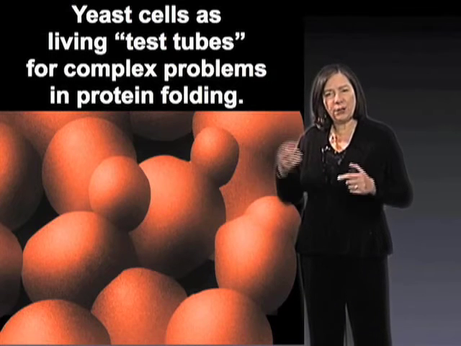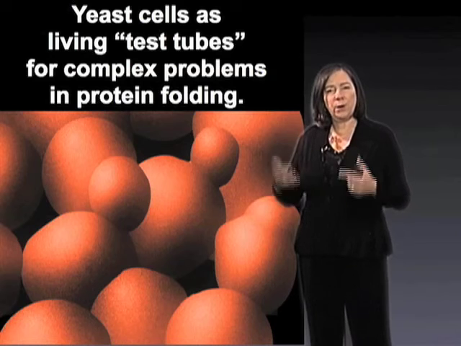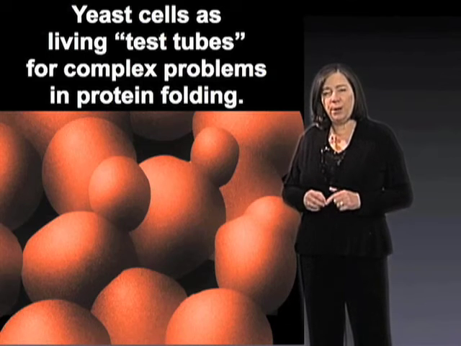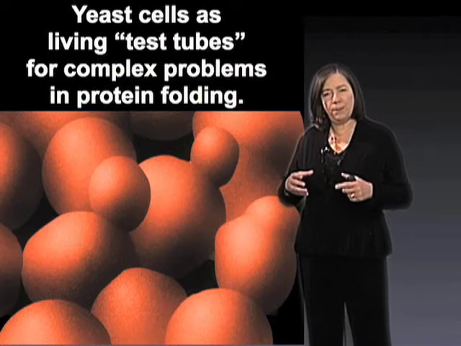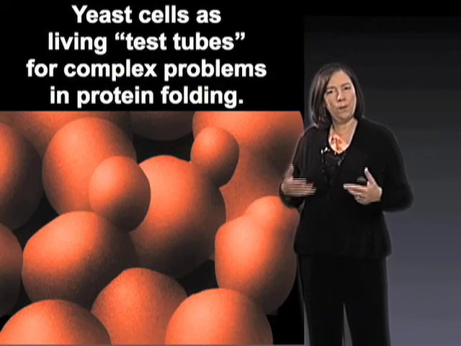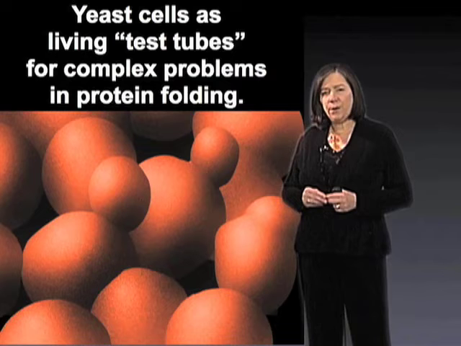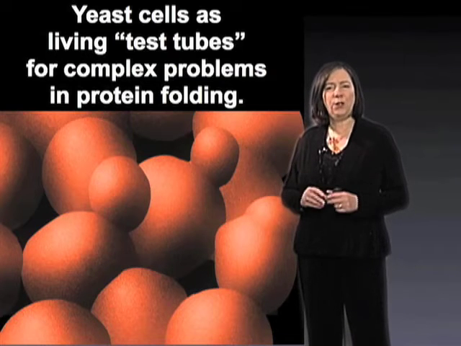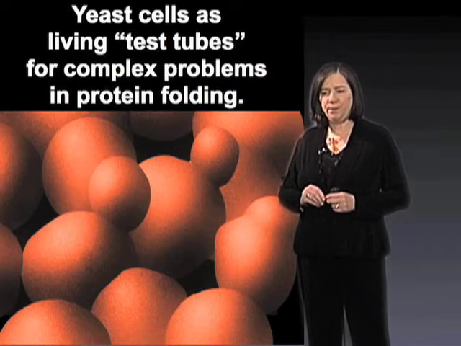And then more and more work was done on this organism, originally with this goal of brewing better beer. But it turns out that as biologists studied this organism more and more, we found out that it has a tremendous number of properties that make it just ideally suited for biological research.